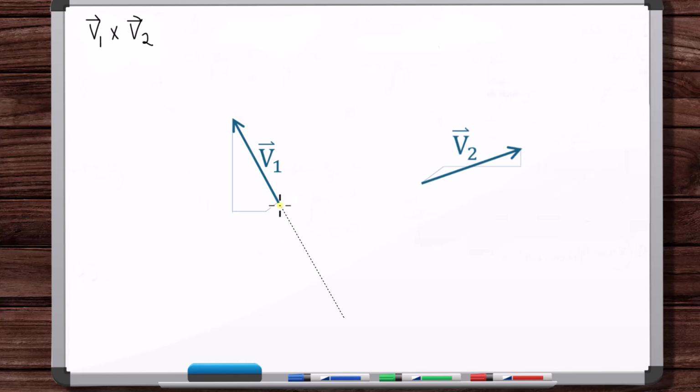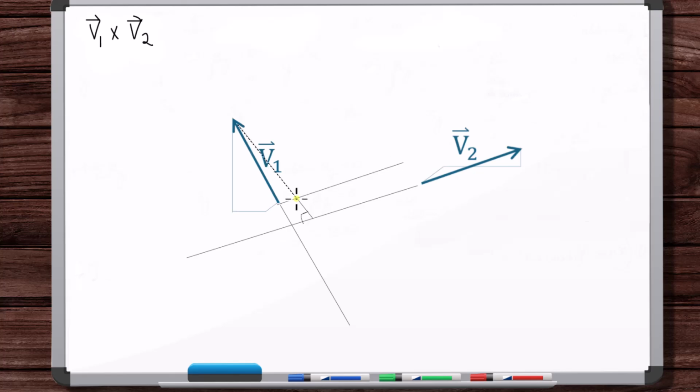In that case, we were using the dot product to find the component of v1 that's perpendicular to the line of action of v2, or the component of v2 that's perpendicular to the line of action of v1. So if this angle theta between the vectors is an acute angle, then the projection line of v1 onto the line of action of v2, here's this perpendicular projection.